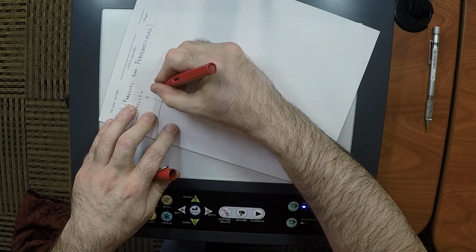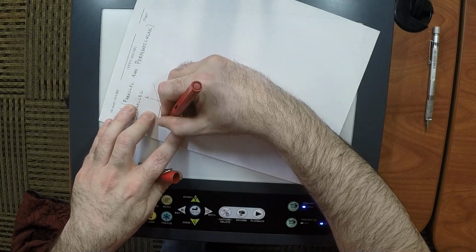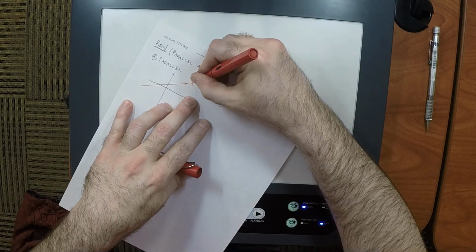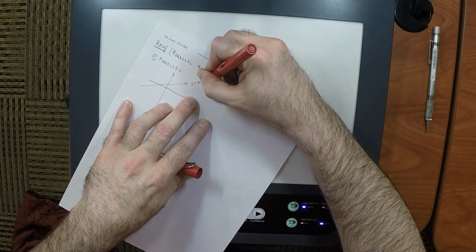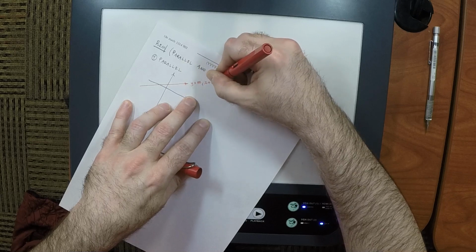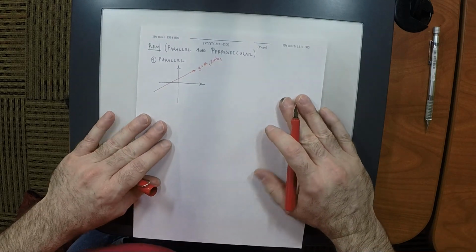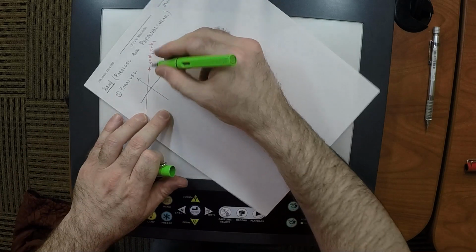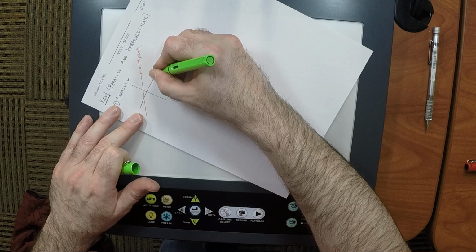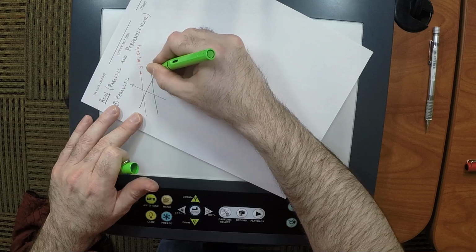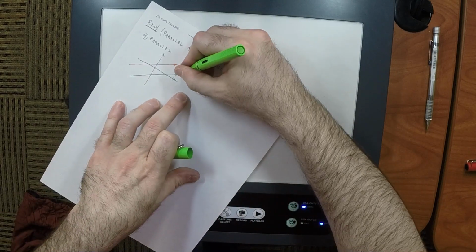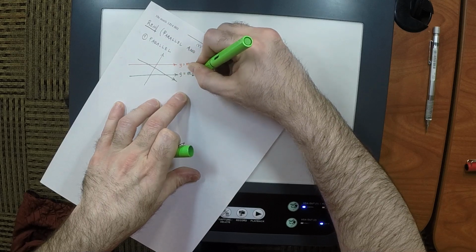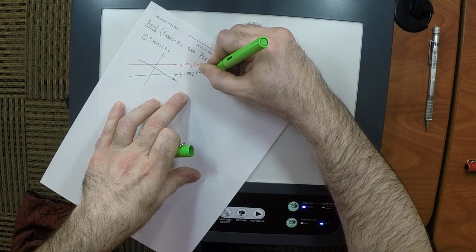So we've got a line here: y is m1x plus b1. So that's some line. And now we'll have some other line that's not the same line. So this is y is m2x plus b2.